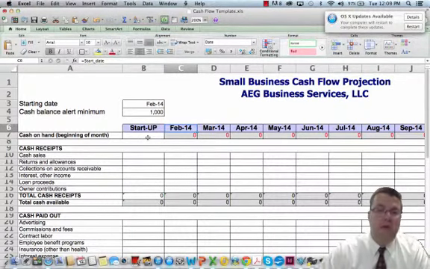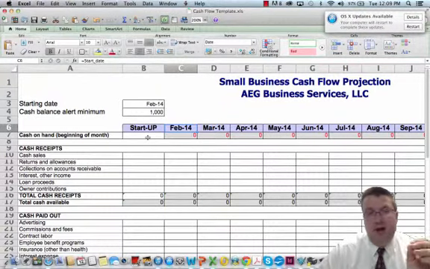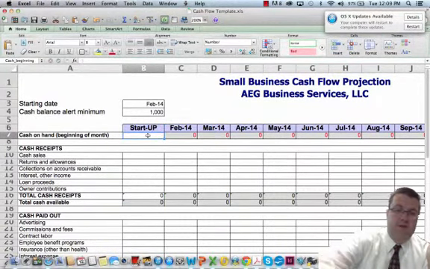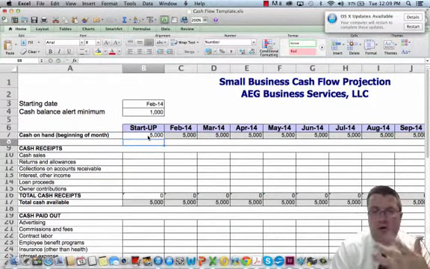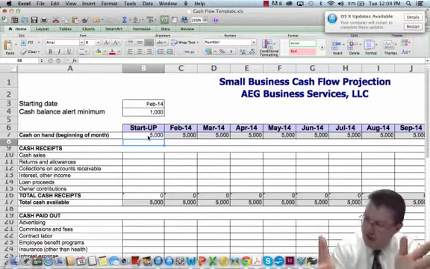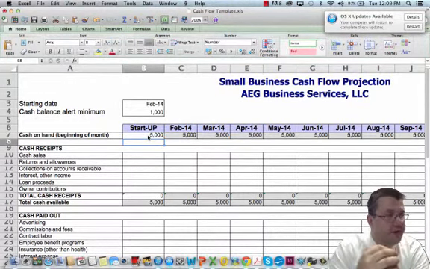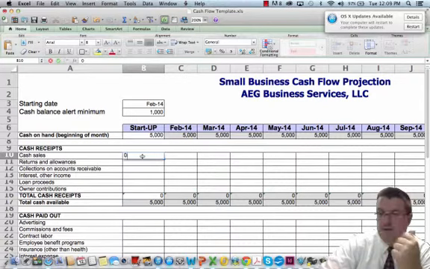So now when I look at cash on hand, I'm going to start with $5,000. This all fills out automatically, and I have pre-programmed the spreadsheet for your ease of use. Under startup, I'm going to have zero cash sales because I'm not even open yet.